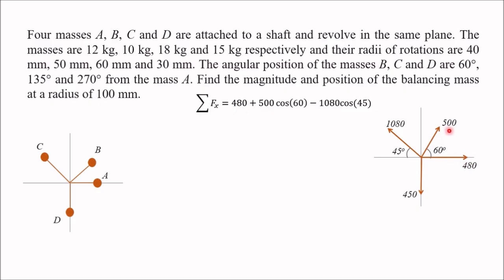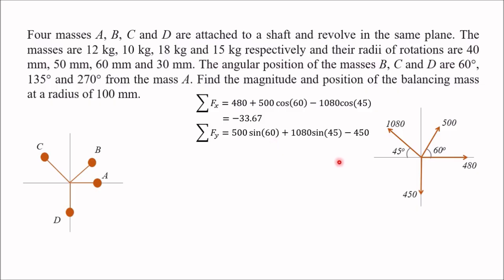The x component of 500 is in the positive direction, so 500 cos 60. 1080 is in the second quadrant, so it is negative, minus 1080 cos 45, and the component of 450 is 0 because it is along the y direction. When you solve this, you will get minus 33.67.